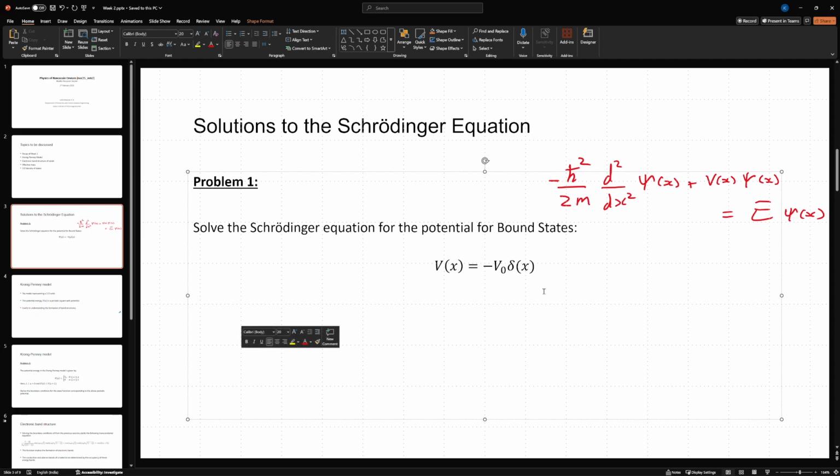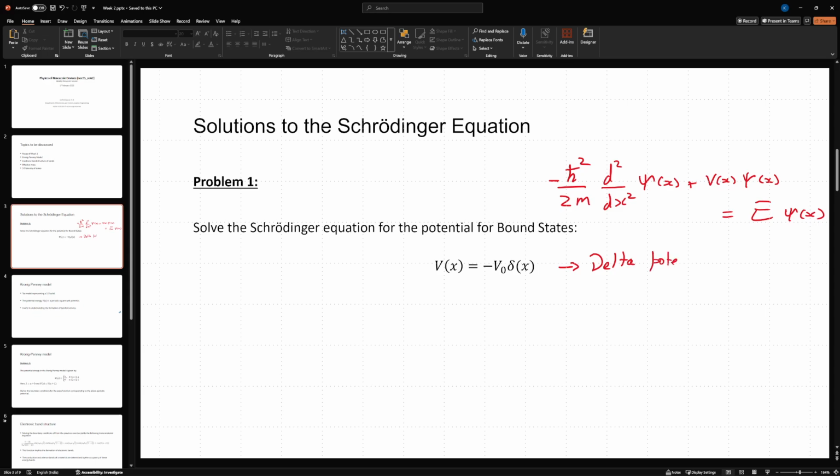Yes. Now it's right. So the potential that we are considering today is this potential. This is known as the delta potential, or more specifically the Dirac delta potential. This problem serves two purposes.